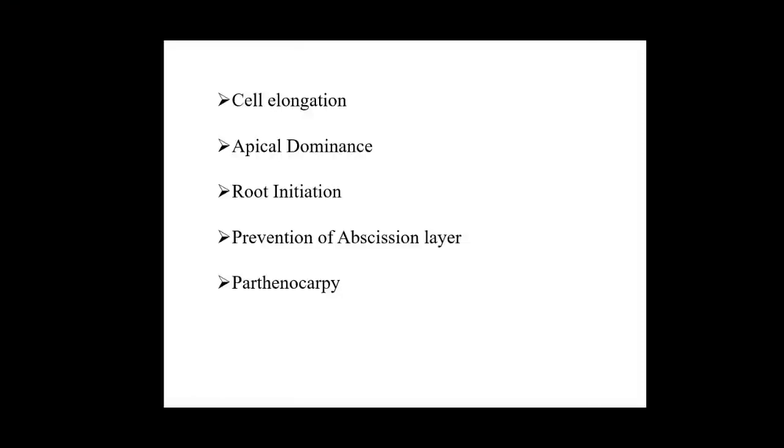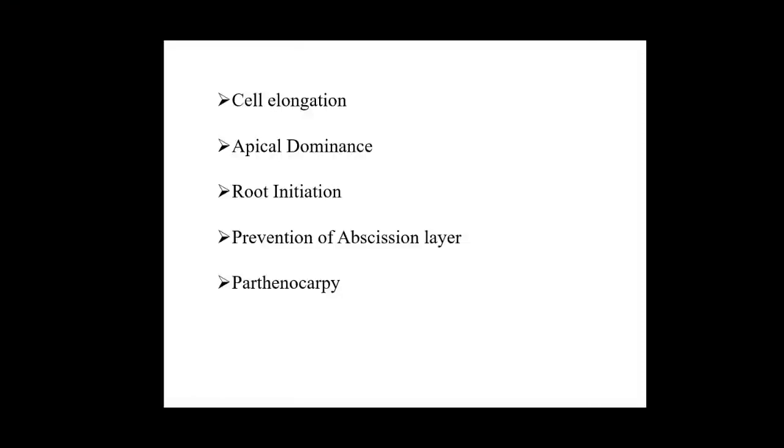Moreover, the plant hormone ethylene is found to promote abscission layer formation. Thus, a high concentration of auxin prevents the formation of the abscission layer, and the phenomenon is controlled by the concentrations of auxin and ethylene.